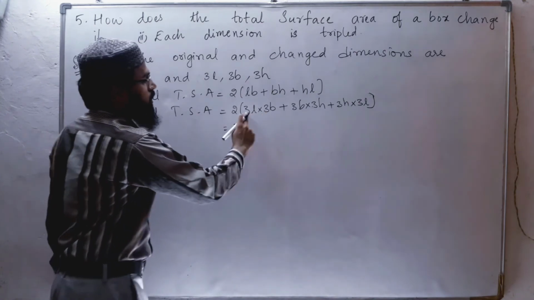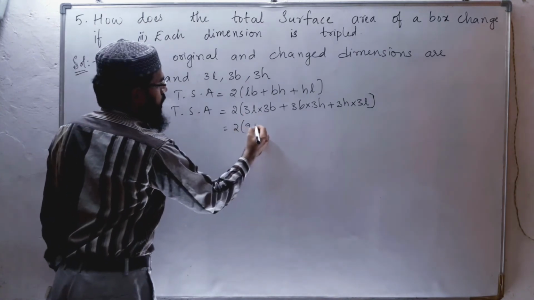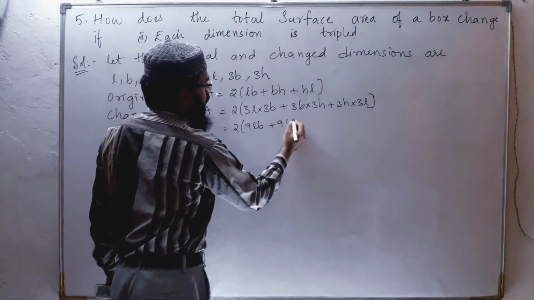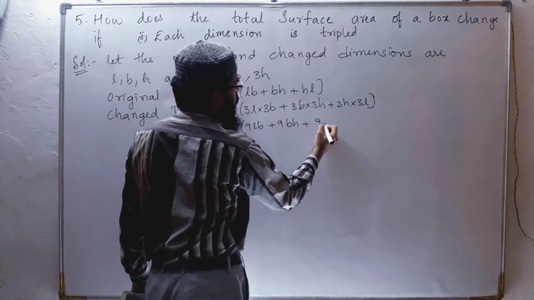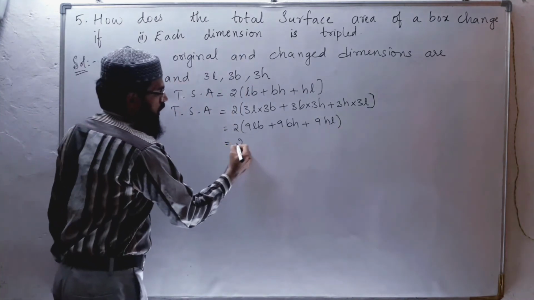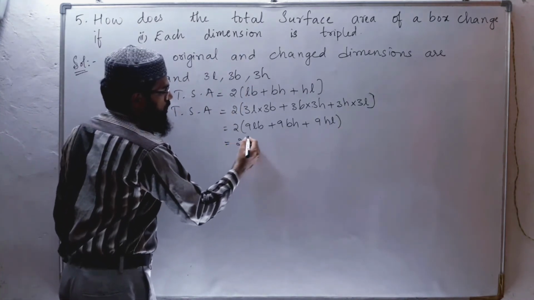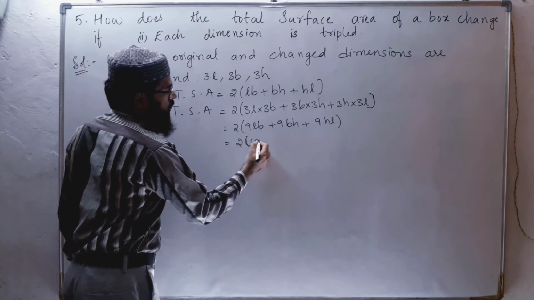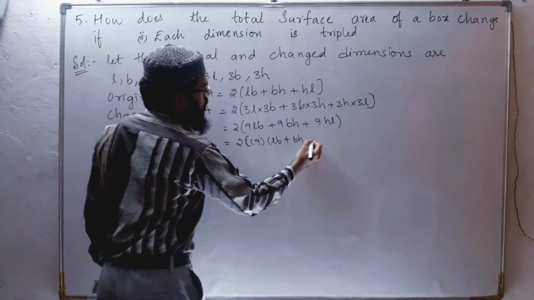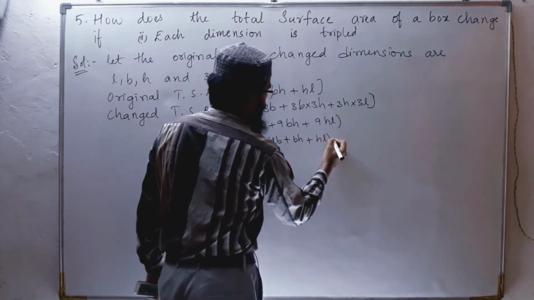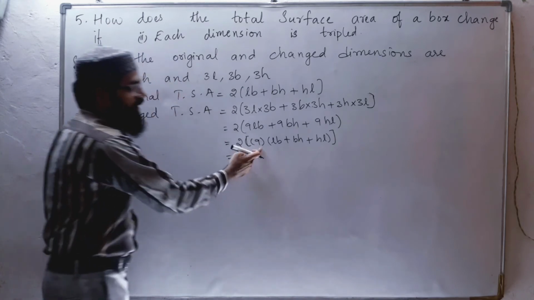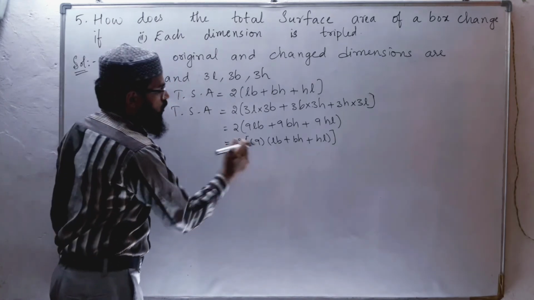Let us multiply this. 3 3s are 9 LB, 3 3s are 9 BH, 3 3s are 9 HL. Let us take 9 common: LB plus BH plus HL. We will write this 9 outside and 2 inside.